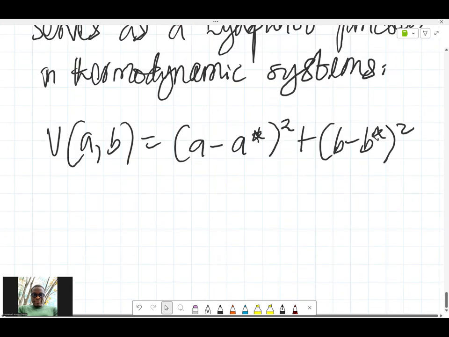If A is 0 here and B is also 0 here, the worst you can have is 0. But if A and B are different from 0, no matter what happens, because of the squares, you are guaranteed that the function will be greater than or equal to 0. So that's a very good idea for the Lyapunov function in any situation.